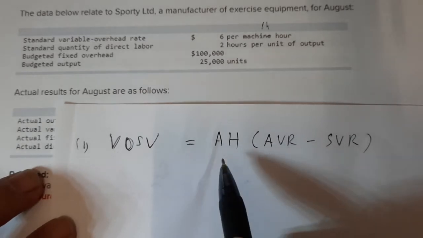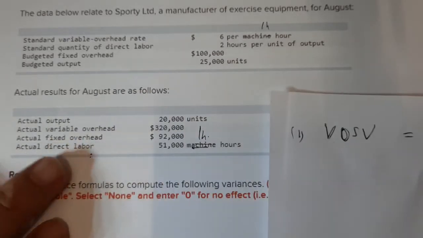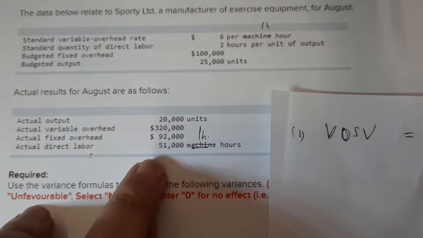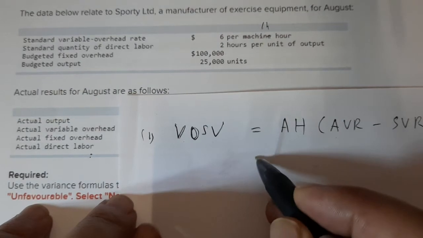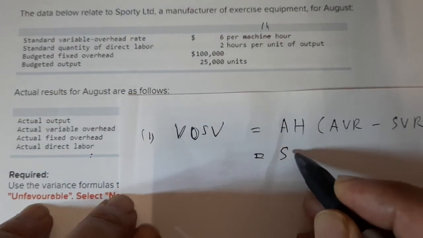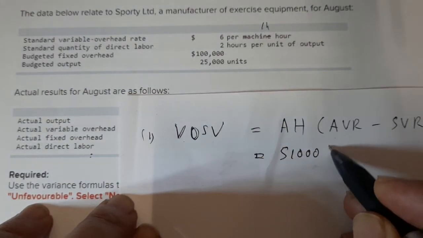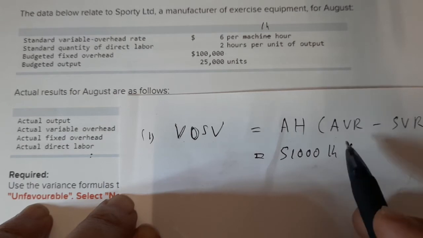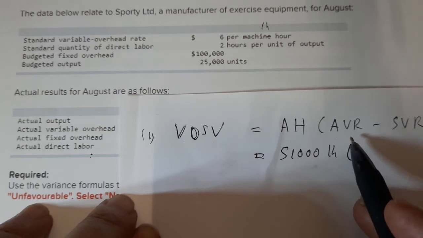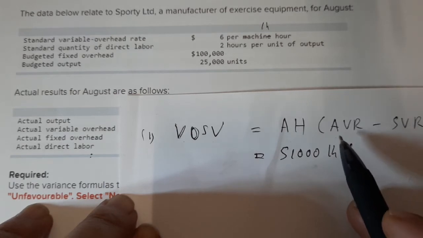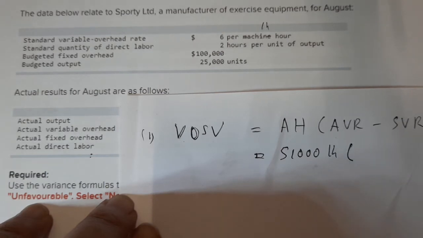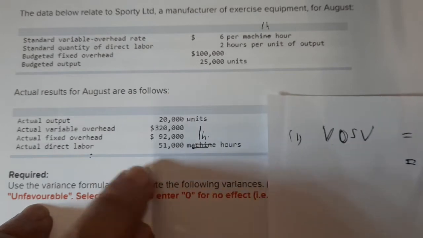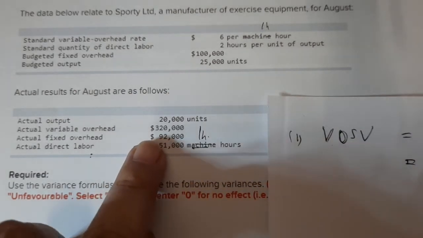What is the actual labor hours? You check the actual data. The actual labor hours is 51,000. So you just show the 51,000 labor hours, and then the actual overhead rate.